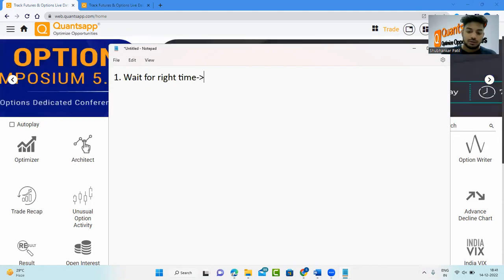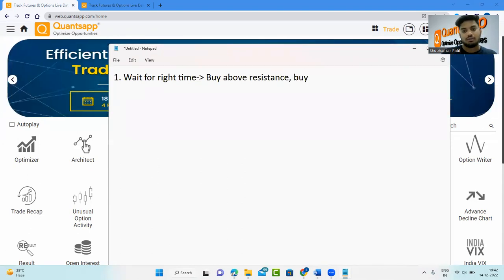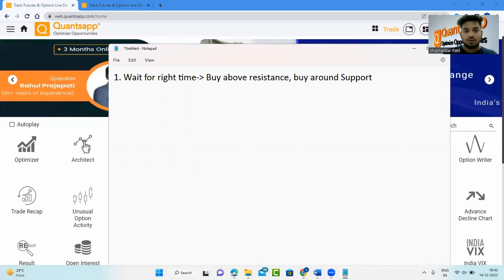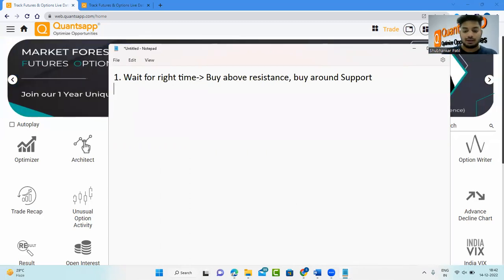Buy above resistance, it is the highest call, and buy around support, and vice versa. These are two conditions to buy, and the sell conditions would be completely opposite: sell below support and sell below the resistance. That is how you will go ahead and identify it.